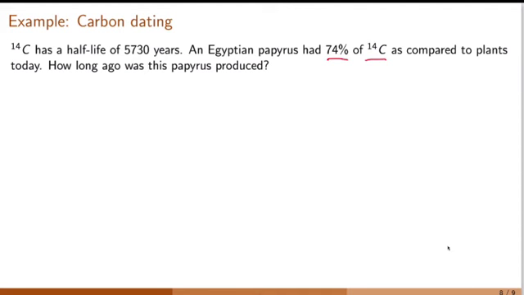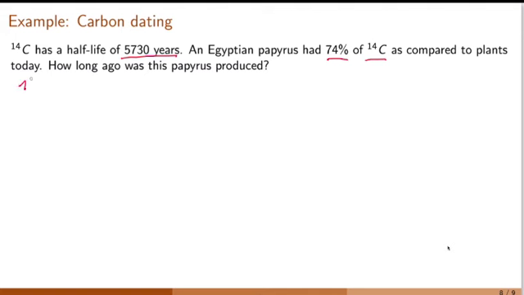So plants constantly absorb carbon-14 into their metabolism. Only if they die, they stop absorbing the radioactive carbon, and then it decays, and this is an idea to estimate its age. So the half-life of radioactive carbon is 5,730 years. It's quite long. The papyrus has 74% of its carbon-14 content. We would like to know how old it is.